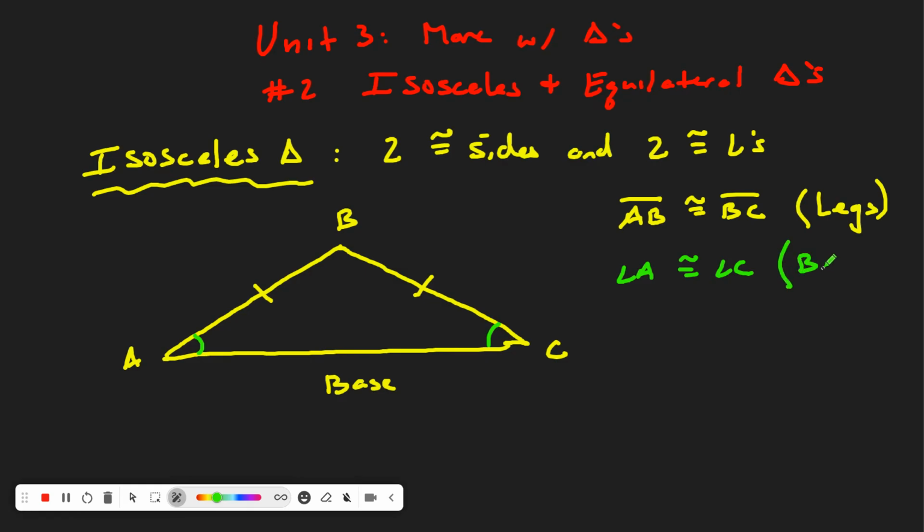The other angle, in this case at the top between the legs, we call the vertex angle. Again, it's the vertex angle because it's in between the congruent sides. So this is the terminology you need to know for an isosceles triangle.